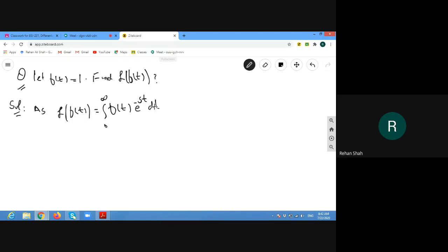One thing to note: the original function depends on t, but after transforming you obtain a function of s. So the transformed function will depend on s.